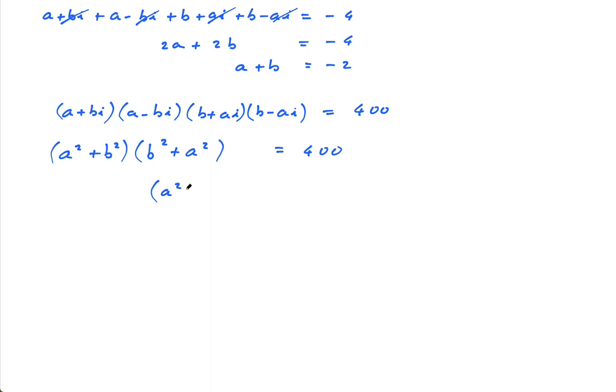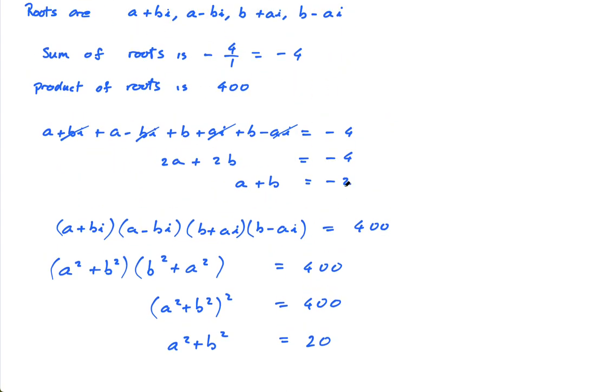This is like a squared plus b squared, squared, because obviously this is the same thing, isn't it? So a squared plus b squared is equal to the square root of 400, which is going to equal, sorry, what am I doing? 20.